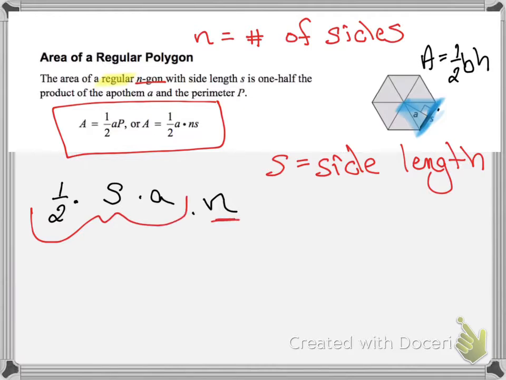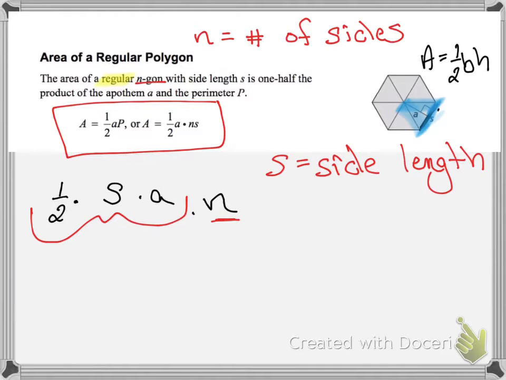Then n is the number of sides, that's the number of triangles I need. So I could do 1/2 a times n times s. So that's this equation right here, 1/2 a times n times s. They just rearrange the order a little bit, no big deal. Just multiply the apothem times the number of sides times the side length.